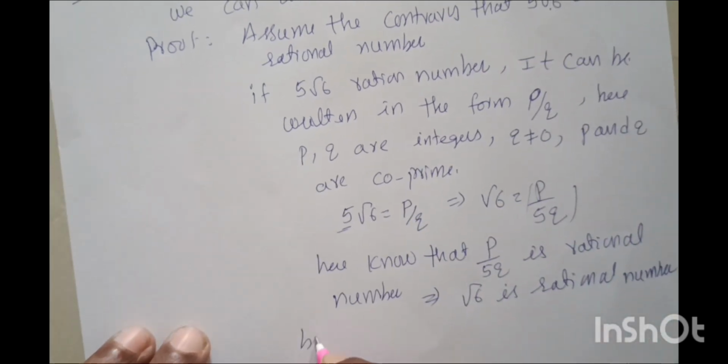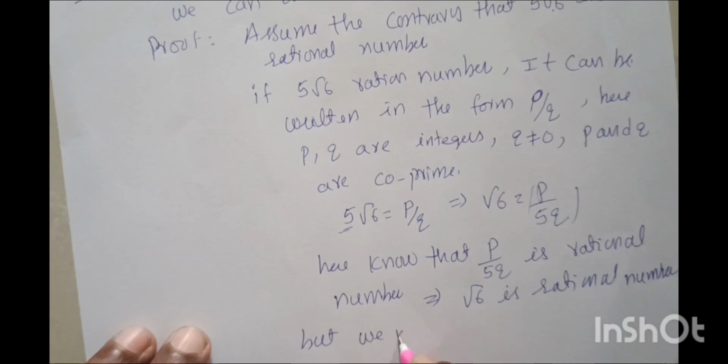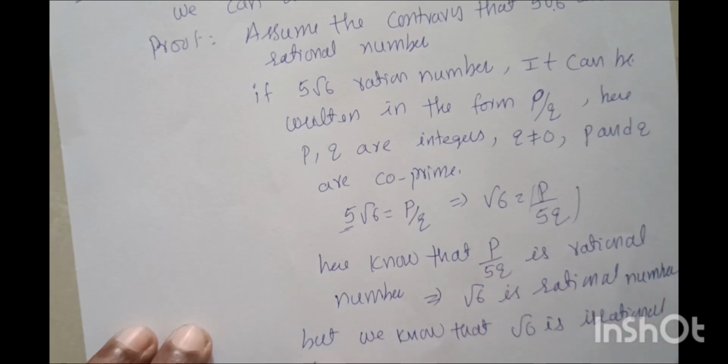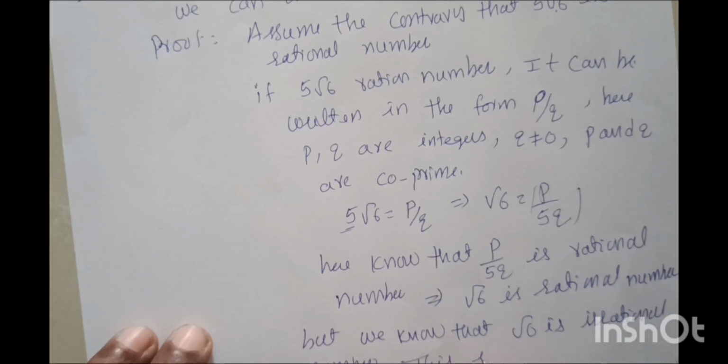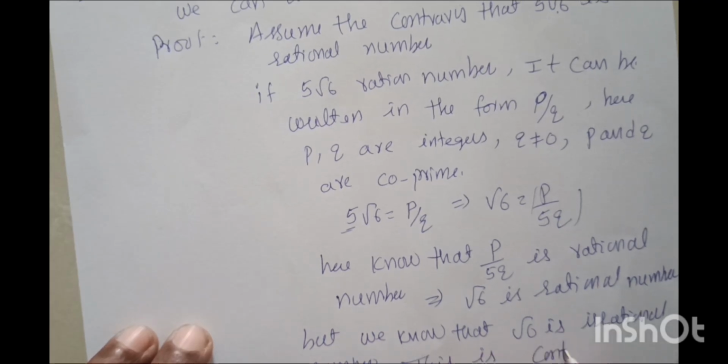But we know that root 6 is an irrational number. This is a contradiction.